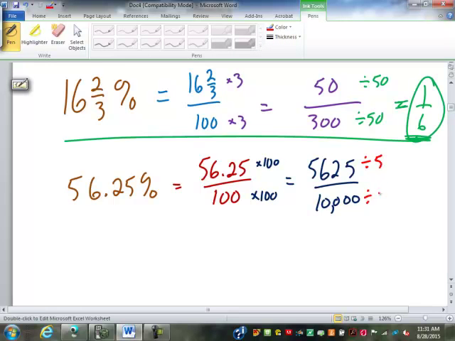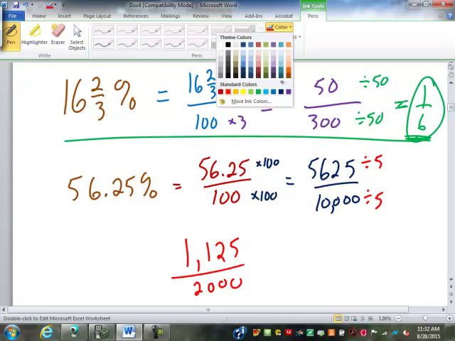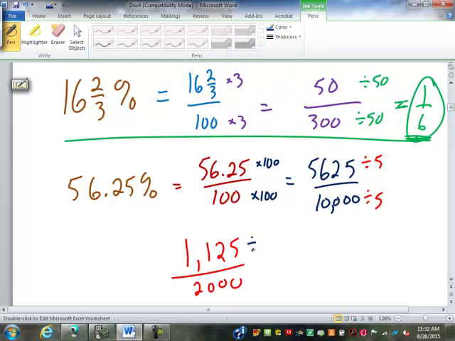Let's divide by 5. That's going to give us 1,125 over 2,000. And then what? Probably can keep dividing by 5. 25 would work too. 25 is going to give us 43 over 80.